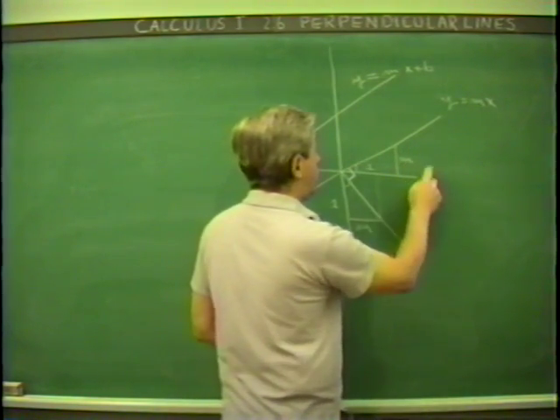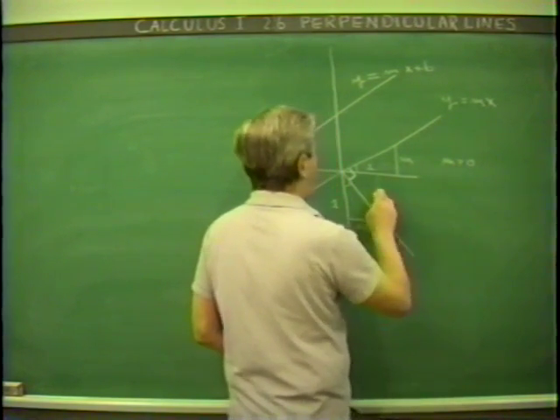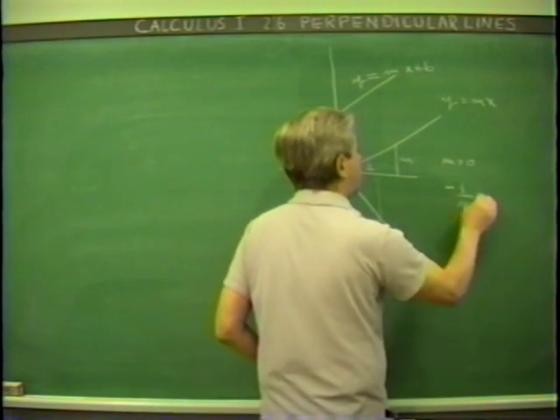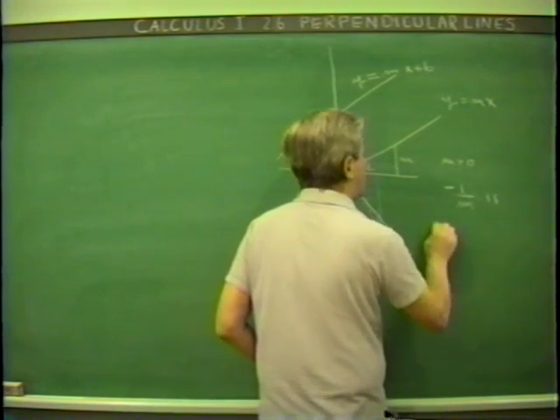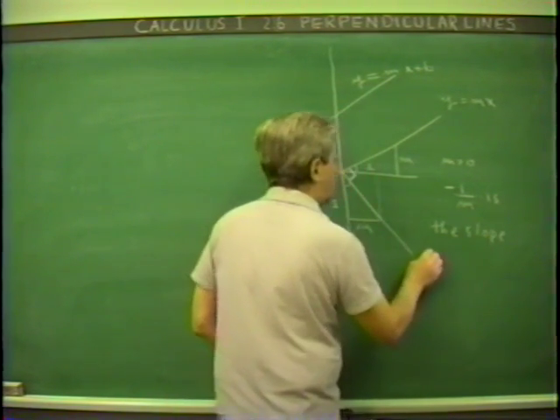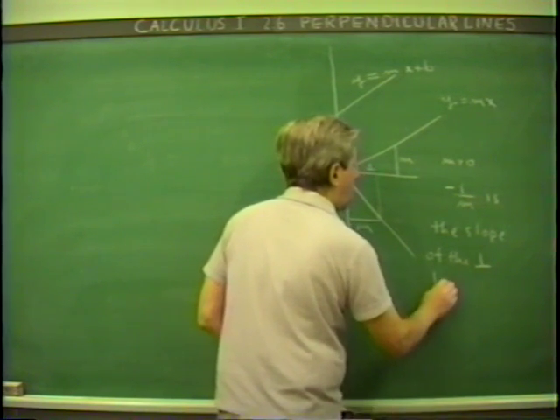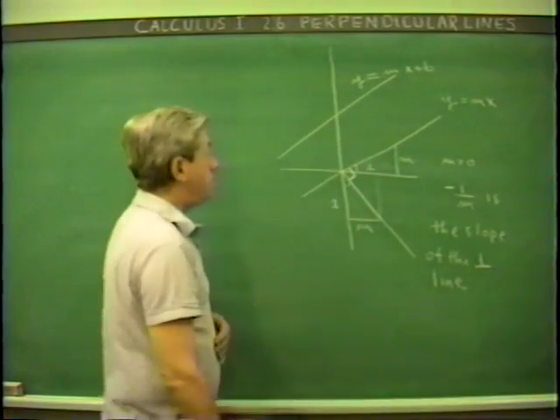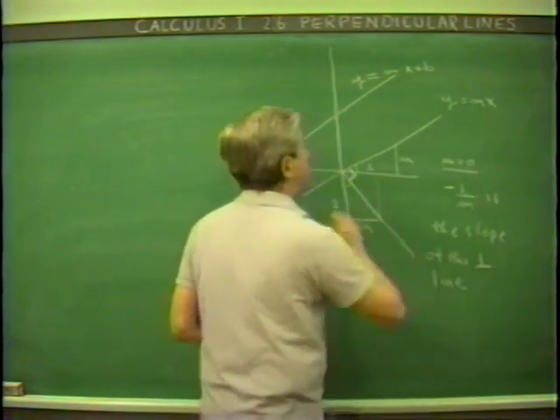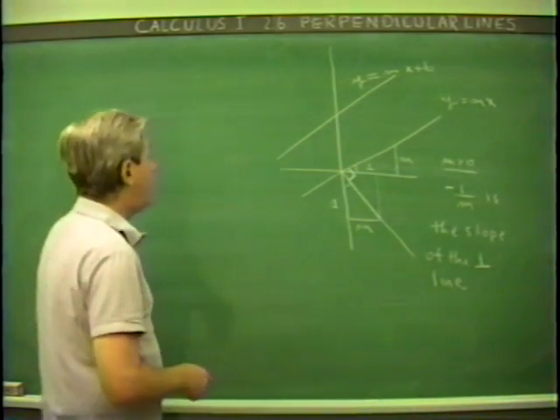And since m here was positive, then 1 to m is going to be the slope, but it's going to be minus 1 over m. It's going to be the slope of the perpendicular line. Now this is for the case where m is greater than 0 and the line is upward. If m is equal to 0, then the perpendicular line does not have a slope.